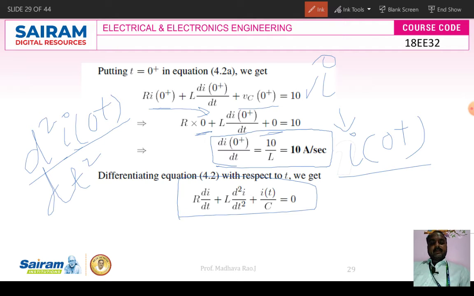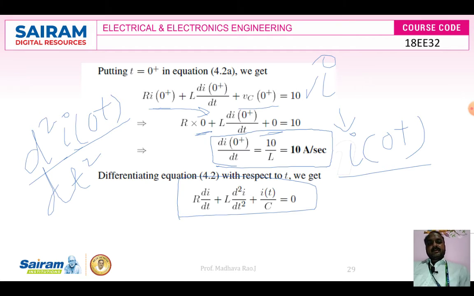After differentiating the equation, we get the expression R into di by dt plus L into d square i by dt square plus i by C equals 0. Just substitute the values. di of 0 plus by dt we know, and d square i of 0 plus by dt square we don't know. That value we are going to find using this expression.